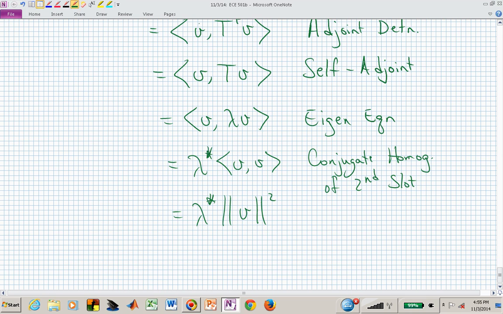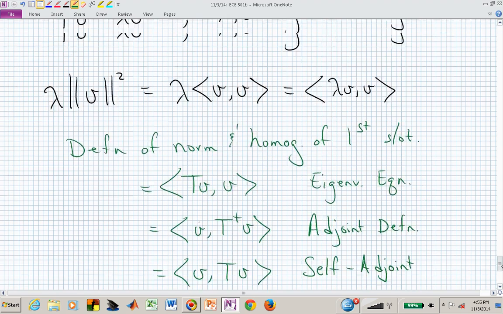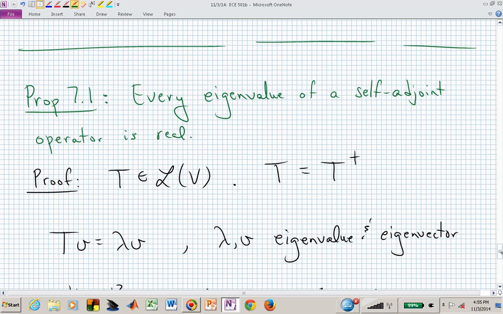And the only way that can happen is if that scalar is real. So now we've shown that every eigenvalue, we didn't specialize lambda and v when we started, we just say lambda and v, if they're eigenvalues and eigenvectors of this operator T, then it has to satisfy this eigenvalue-eigenvector equation. If that operator is self-adjoint, then every eigenvalue is real.